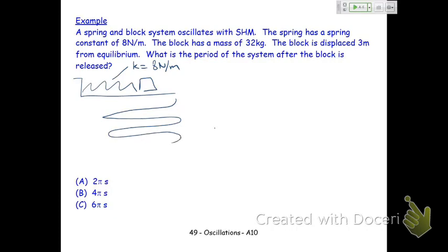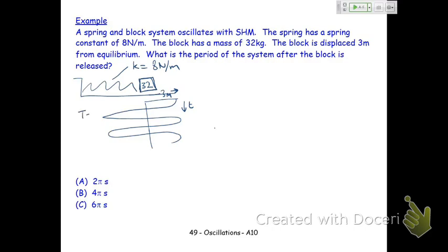There's my 5-minute warning. And 32 grams. I always put my masses in kilograms inside the object. So 32 grams, 32 kilograms. The block is displaced 3 meters. So this is 3 meters. And what is the period?